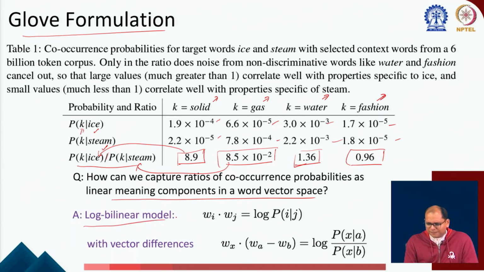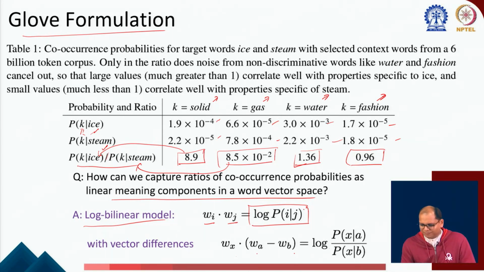So let's say for word i and word j, the dot product of their embedding vectors, I am modeling it as the log probability i given j. Then I can use the vector difference wa minus wb to denote this ratio, right.